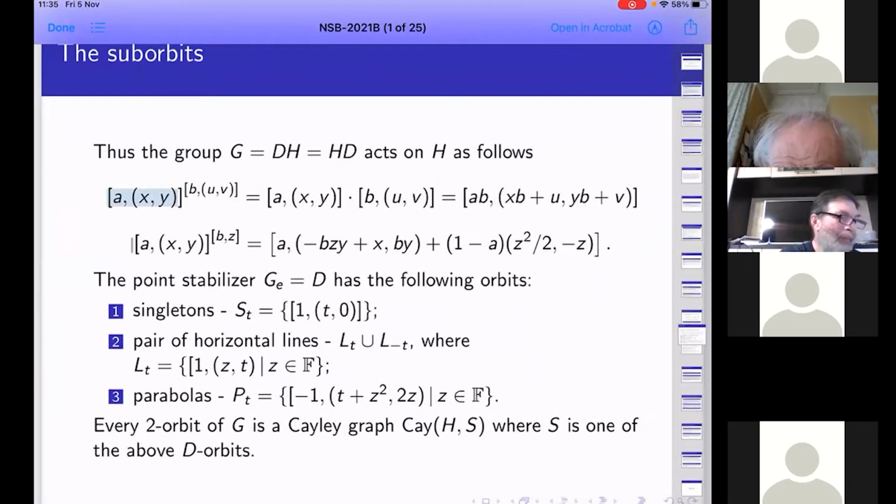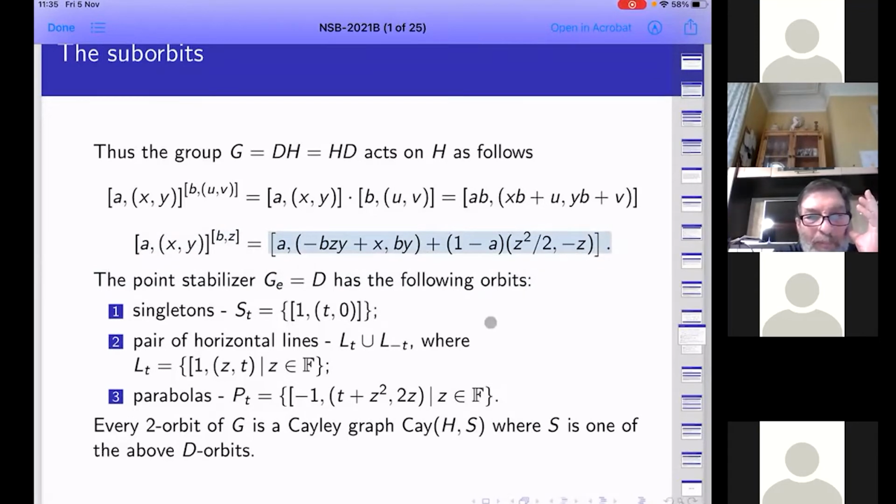The second type of action is I take an element from group D, the point stabilizer, and it is an automorphism of the generalized dihedral group, which acts in this way. That's just a formula. And if I take the orbits of the point stabilizer D, which is the point stabilizer of the identity, I get three types of orbits.